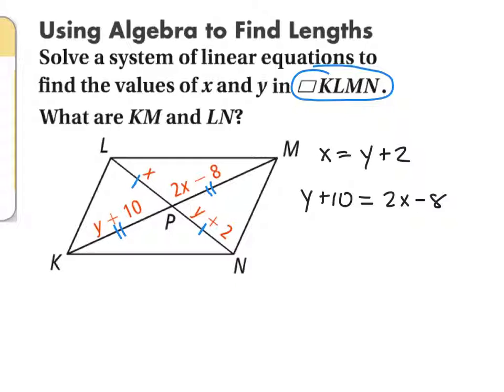All right. This brings up a topic from Algebra 1 called a system of equations. This is the fundamental rule of algebra: if you have one equation, you can solve it if you have only one unknown. But if you have two unknowns in one equation, you can't solve it. Like that first equation, x equals y plus 2.